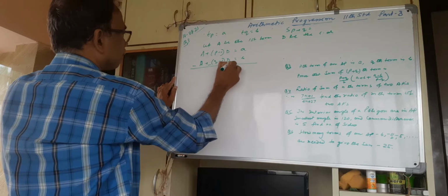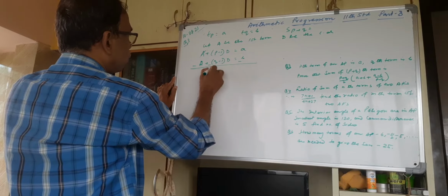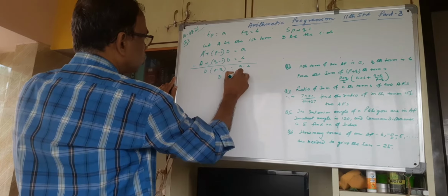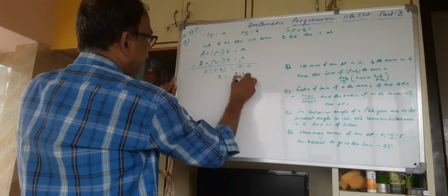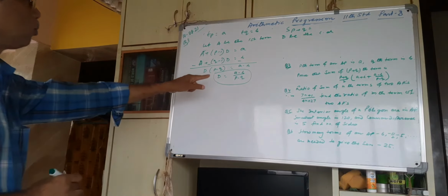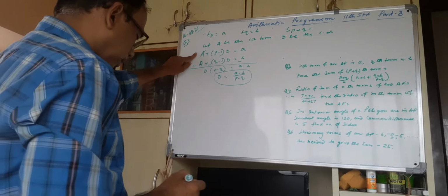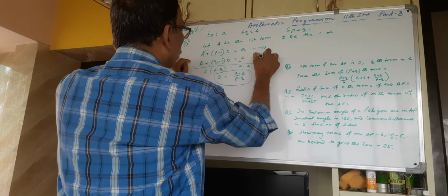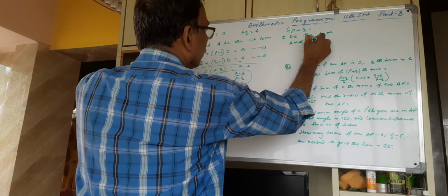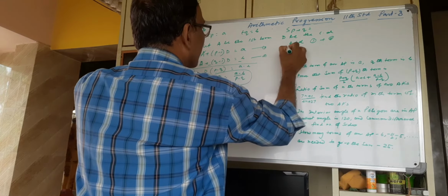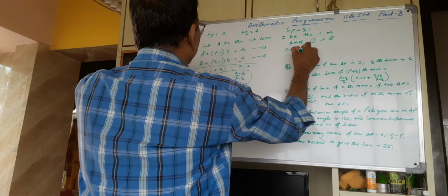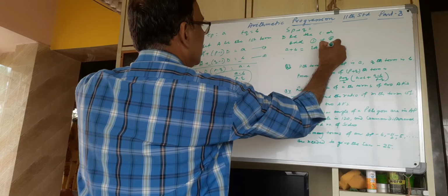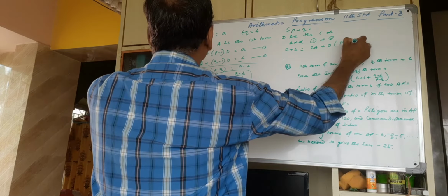Subtracting, this cancels, D is common. P minus Q into D equals A minus B. Then D equals A minus B by P minus Q. Keep it. Now putting the value of D, adding equations 1 and 2, that is A plus B equals 2A plus D into P plus Q minus 2.